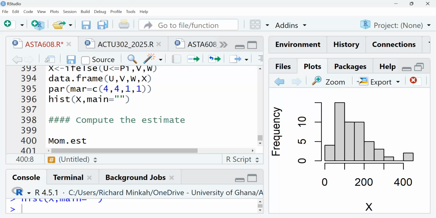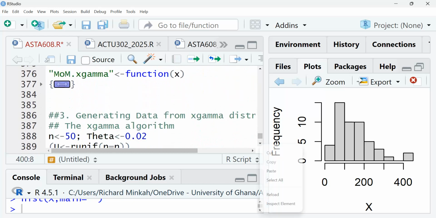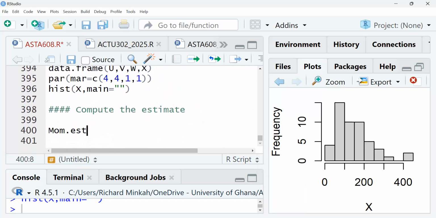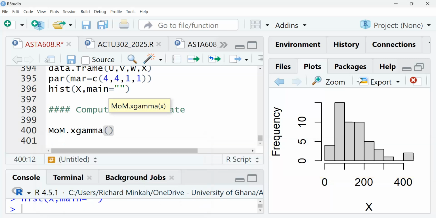Was that a function? What was our moment? Mom S gamma. So mom S gamma needs just the data. So we just put in X. And let's see.